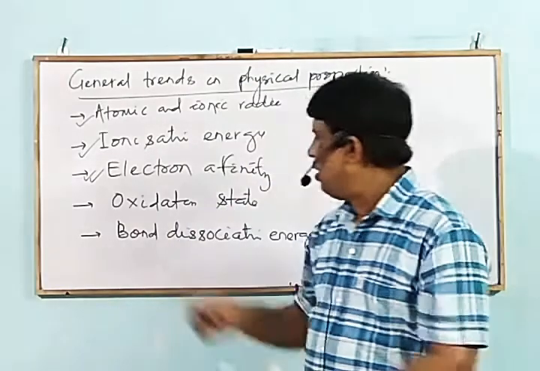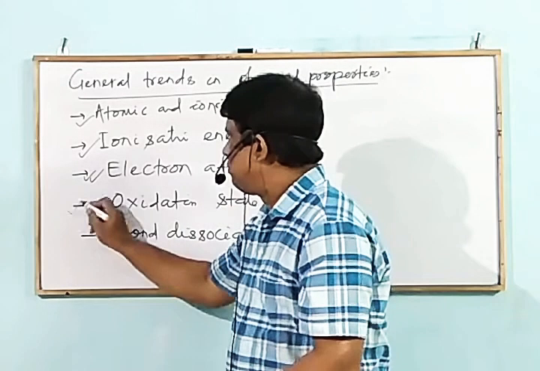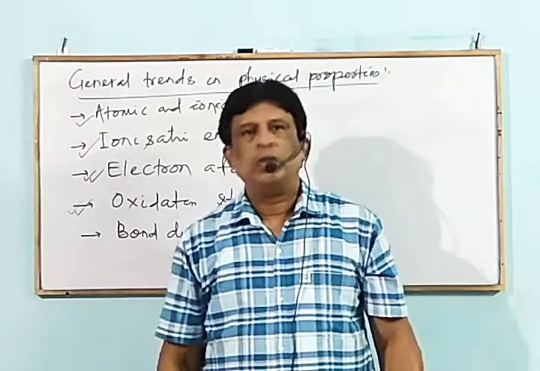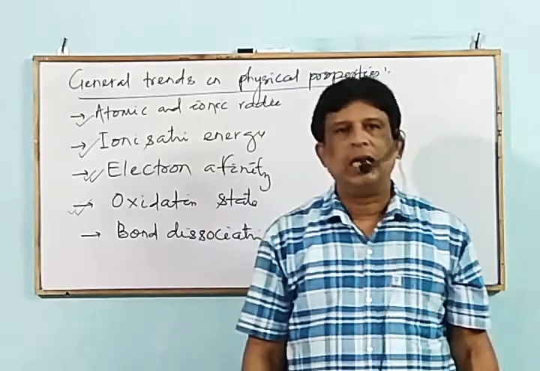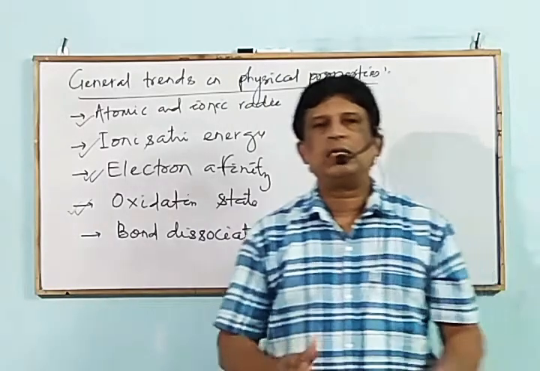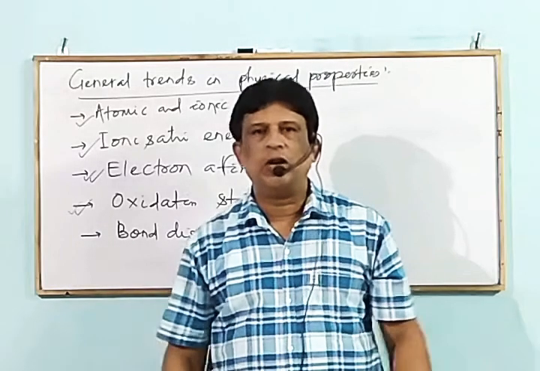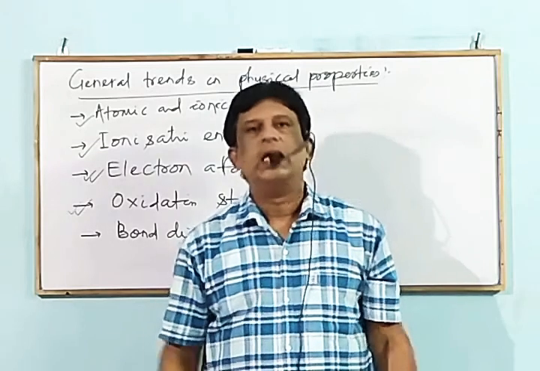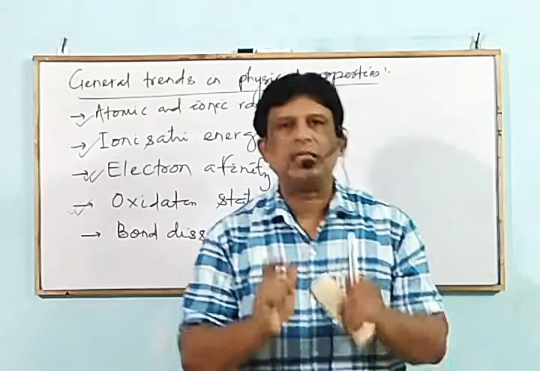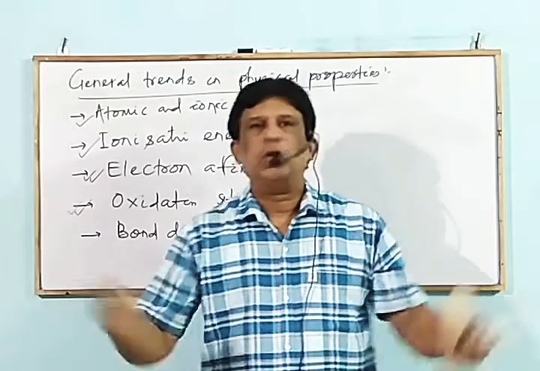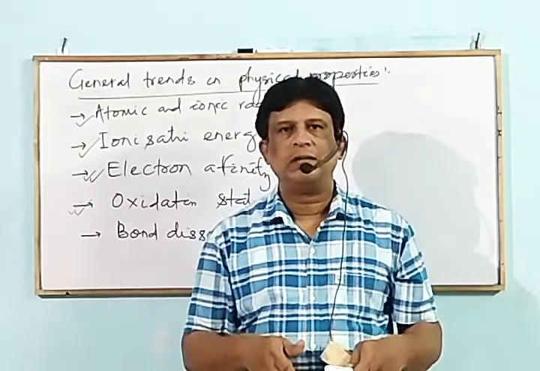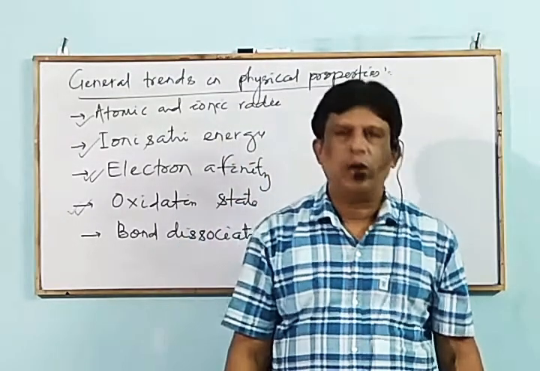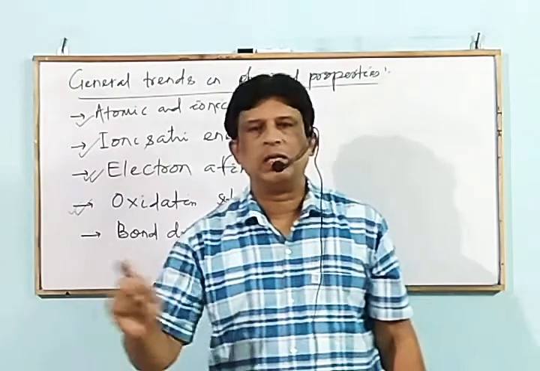Next point is oxidation state. From the electronic configuration, it is clear that they possess a common valence electronic configuration, that is ns2 np5. That's why they have a strong tendency to accept or share one electron to form noble gas configuration.